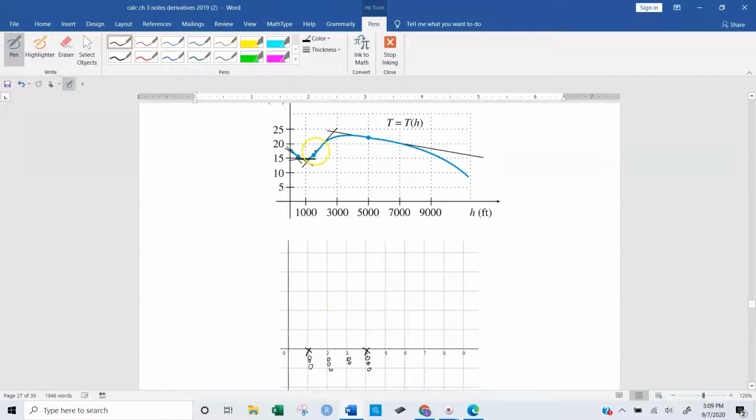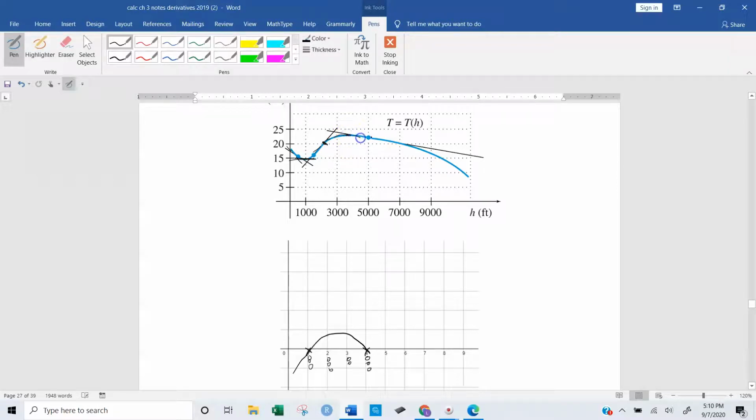From 1,000 to 4,000, this is going up. It's a positive slope. It looks like it changes about right here, so about 2,000 is where it's going to change on me. So it's going up to 2,000, then it goes back down to 4,000.